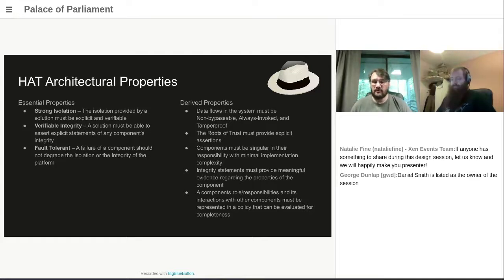And then a component's role and responsibilities and interactions with other components must be able to be represented in policy that can be evaluated for completeness and correctness. When you apply the policy, it needs to cover all aspects of how data can flow within the system.